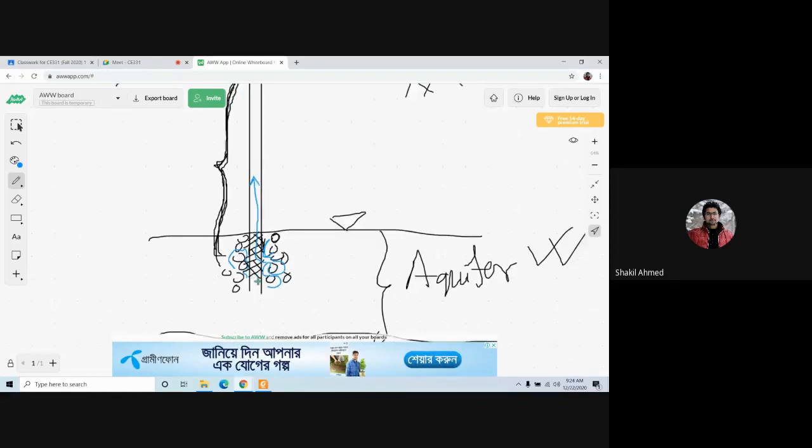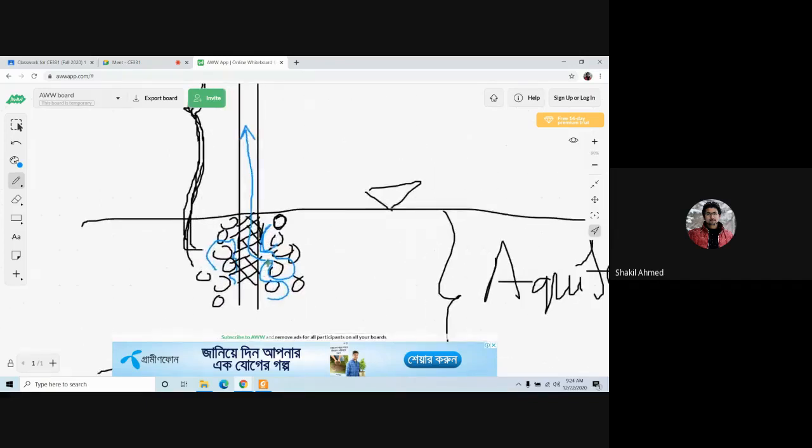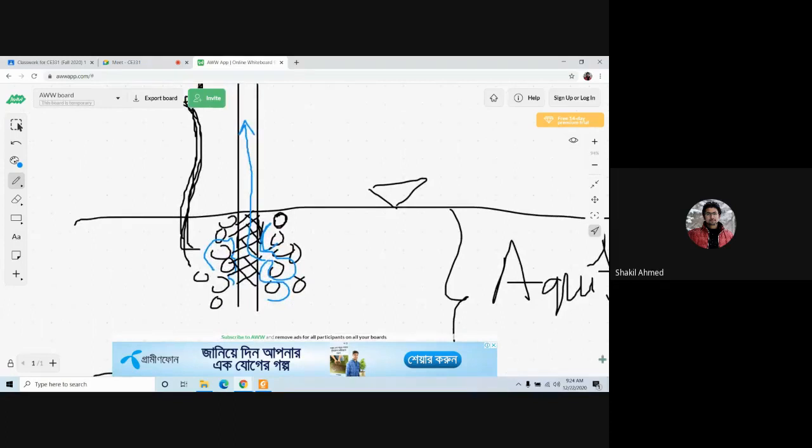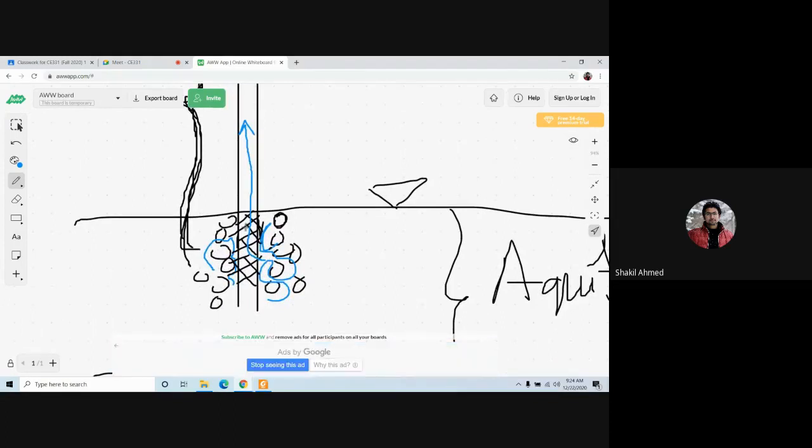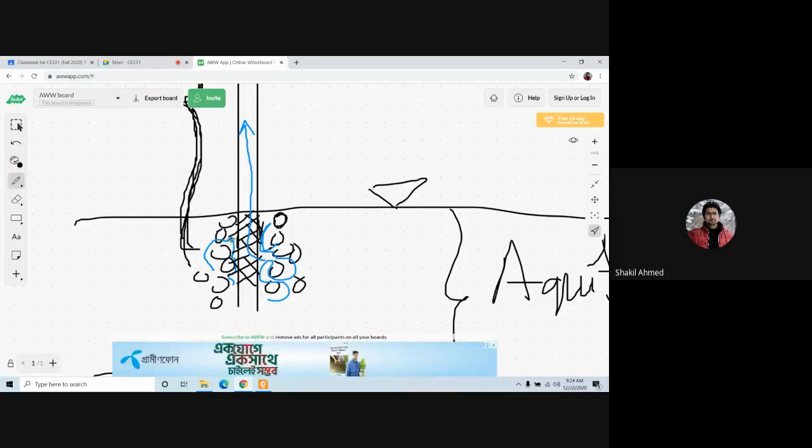And you need to design the size of the screen. The size of the screen will be determined based on the size of the particles, right? Because your objective is to capture the soil particles.